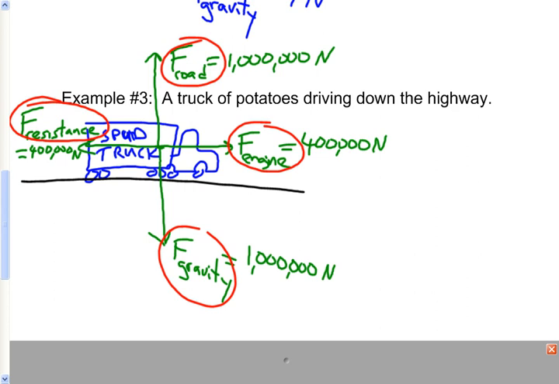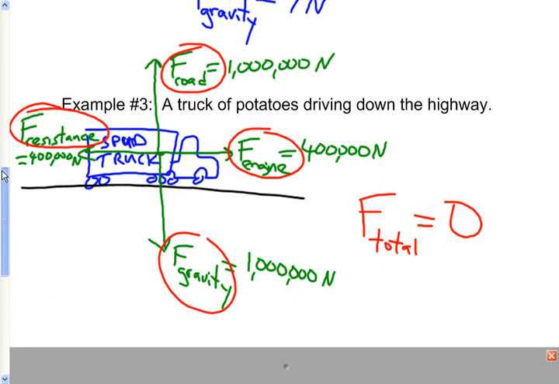So again, the total force in this situation is 0 newtons. And because of that, we actually could say something about how this truck is moving, but that's not the point of this tutorial.